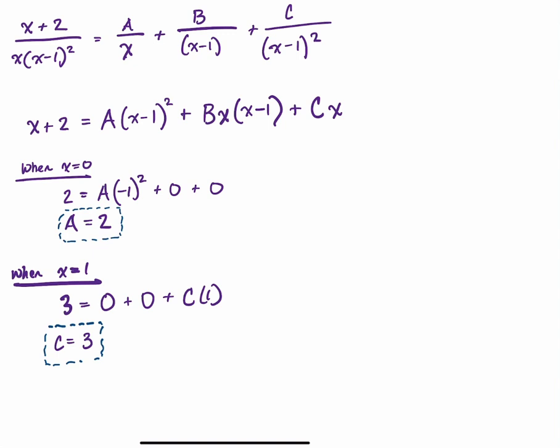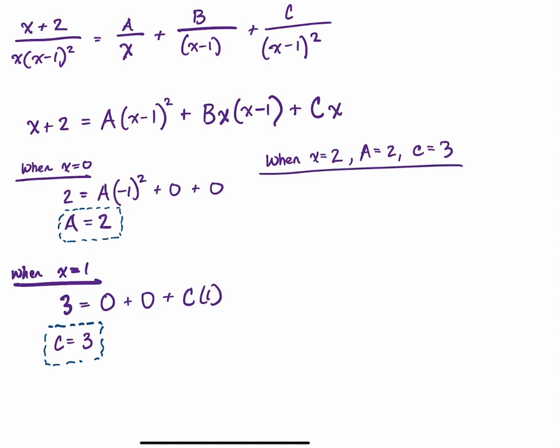So let's say maybe when x equals positive 2. Let's plug that in. I'll say x is equal to positive 2. And also, we know that a is equal to 2 and c is equal to 3.